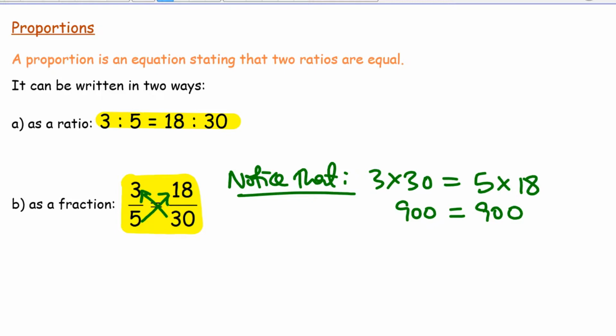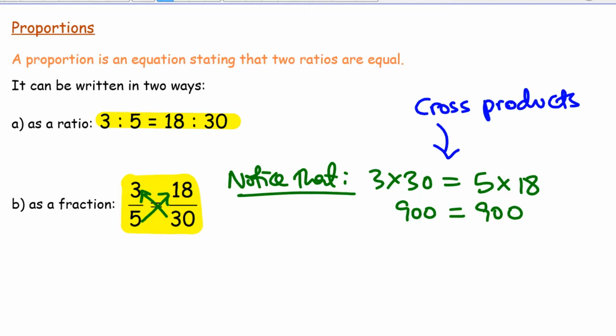So when two ratios are equal, we can conclude that the cross products of the ratios are equal. These guys here are what we call cross products.